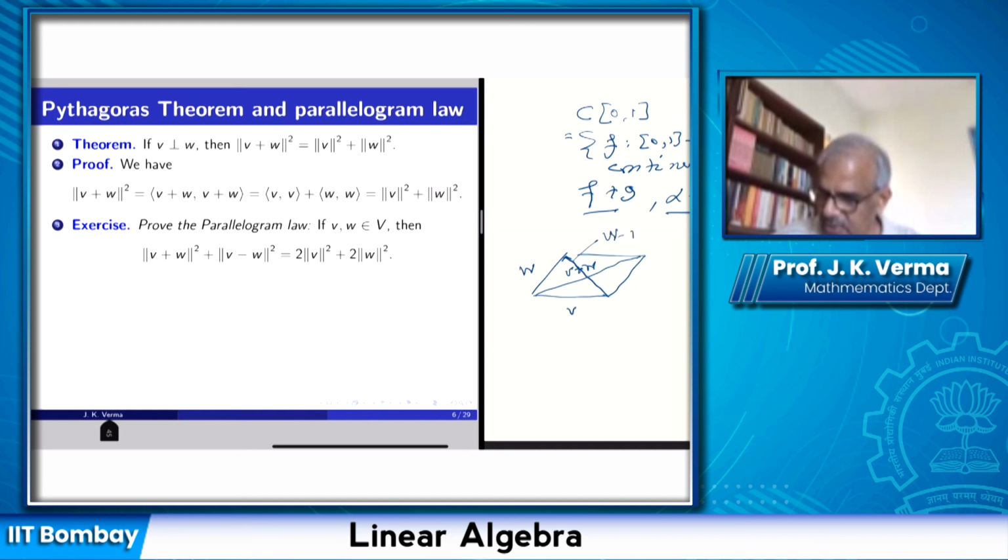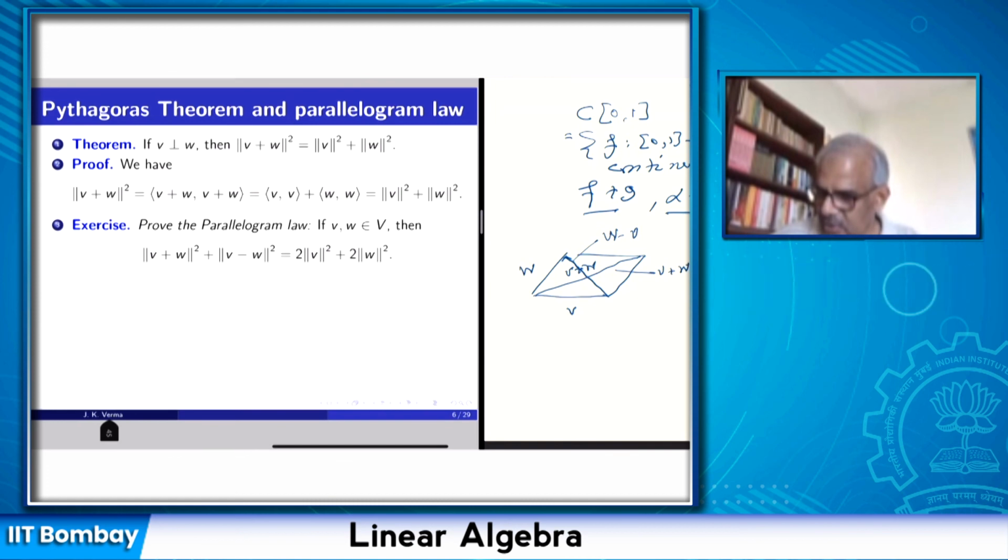So the two diagonals are v plus w and v minus w. This says that the sum of squares of the lengths of two diagonals is 2 times the square of length of v plus 2 times square of length of w. This is the parallelogram law.